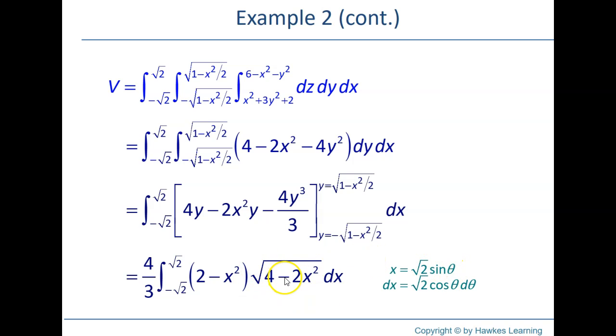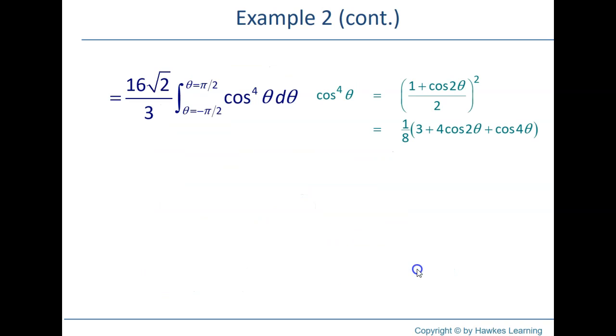Radical, subtraction, perfect square. The variable is behind the minus sign, so that's a sine trig substitution. And then you do the work, you get a power of cosine, and when we have those powers of cosine, we use that power reducing formula for cosine, and so that ends up giving us this number.